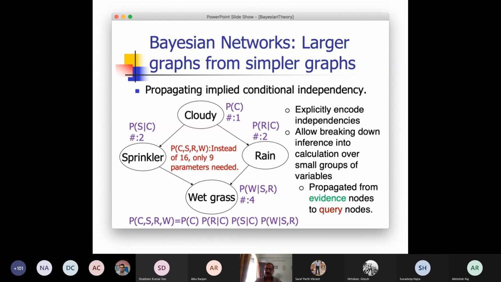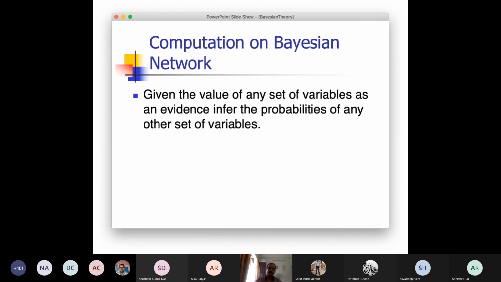Similarly, given a network, you can have a set of evidence nodes and a set of query nodes. So your inference mechanism is that if I give you a set of evidence nodes, what is the probability of my combinations of those query nodes? This is the basic computation that we carry out in a Bayesian network. Given the value of any set of variables as evidence, infer the probabilities of any other set of variables.